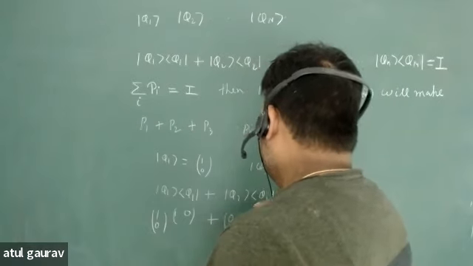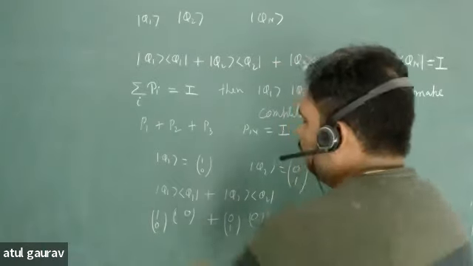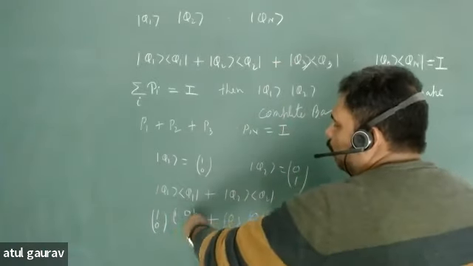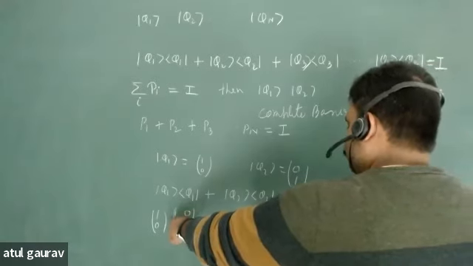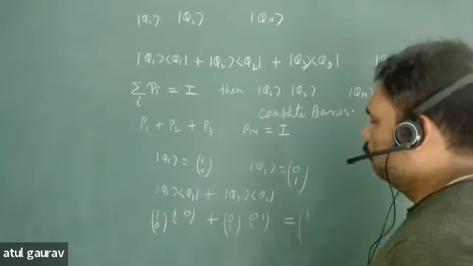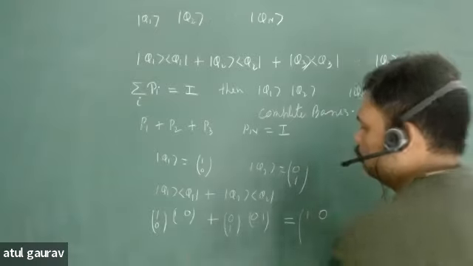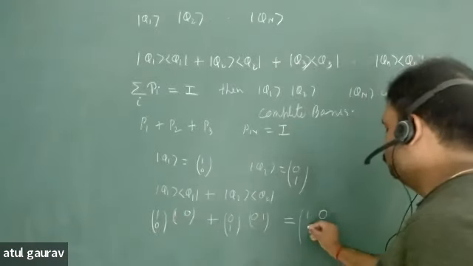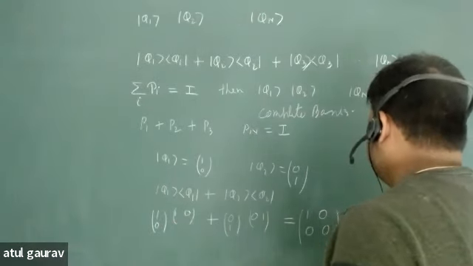What is this equivalent? Now, is this a number or a matrix? Matrix. So 1 into 1 is 1. 1 into 0 is 0. 0 into 1 is 0. 0 into 0 is 0.